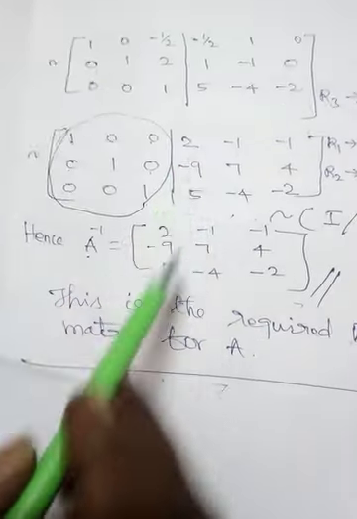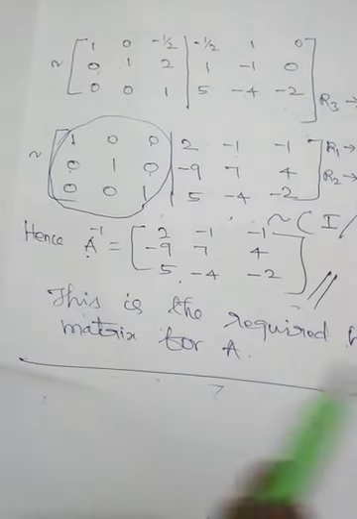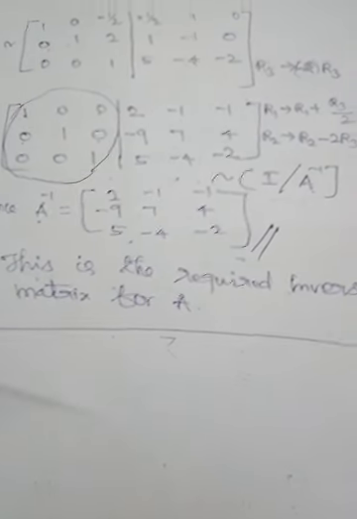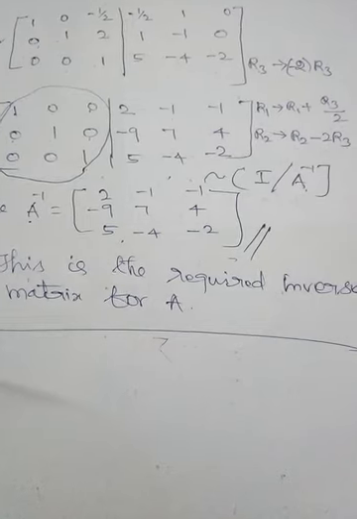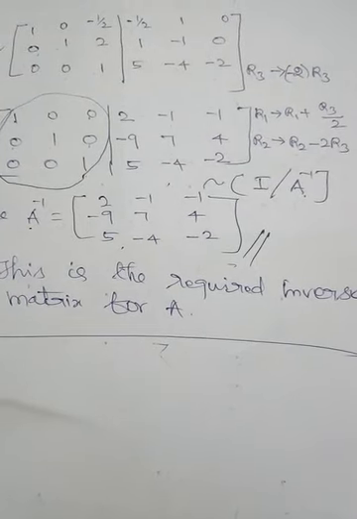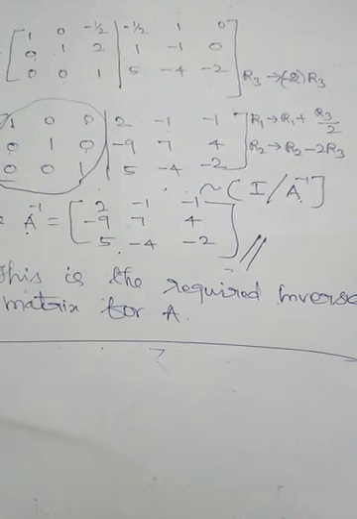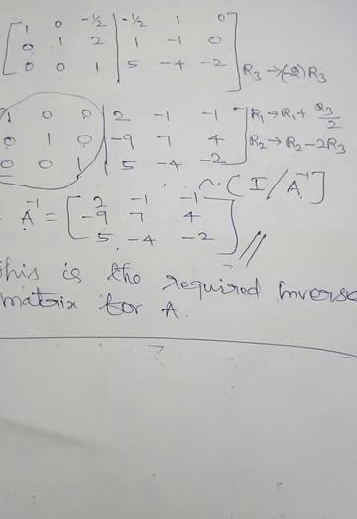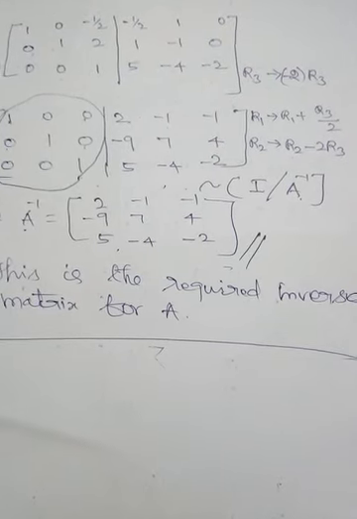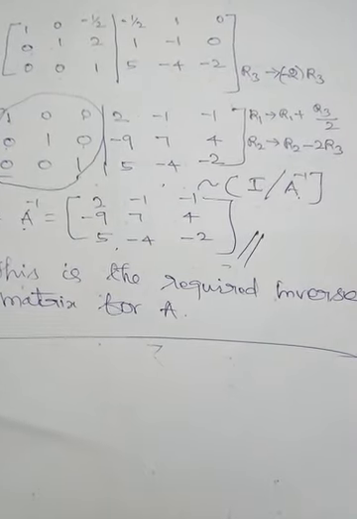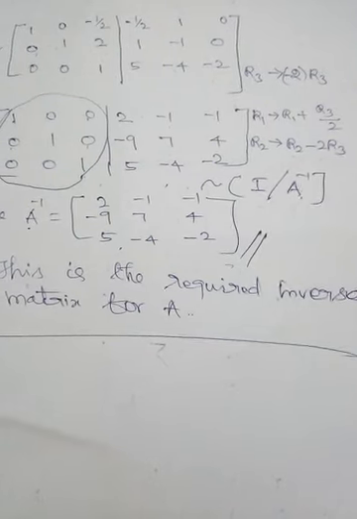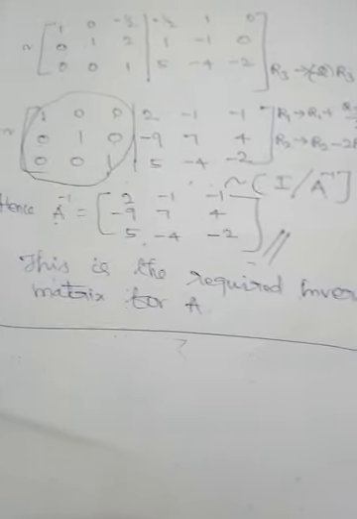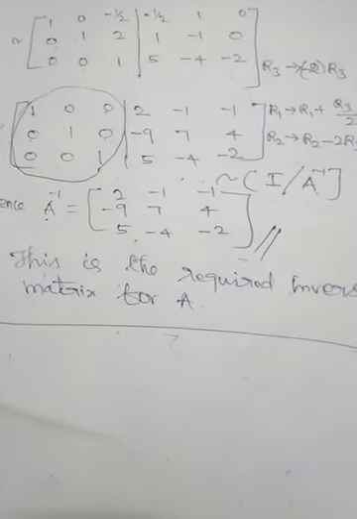A inverse is equal to this one. This is the required inverse matrix for A. So this is a way we can find A inverse. Listen, I repeat: we are given A, and we write A along with the identity. That A is modified into upper and lower triangular form using the Gauss-Jordan technique. The technique means we consider only rows R1, R2, R3; it may be add, subtract, multiply, divide, whichever technique suits the situation.